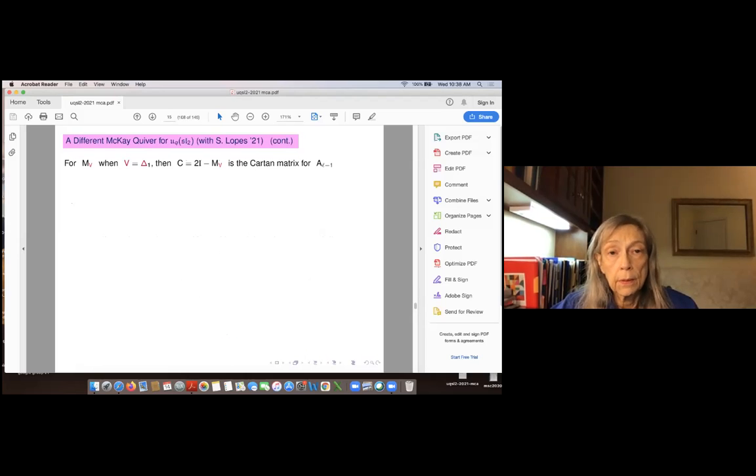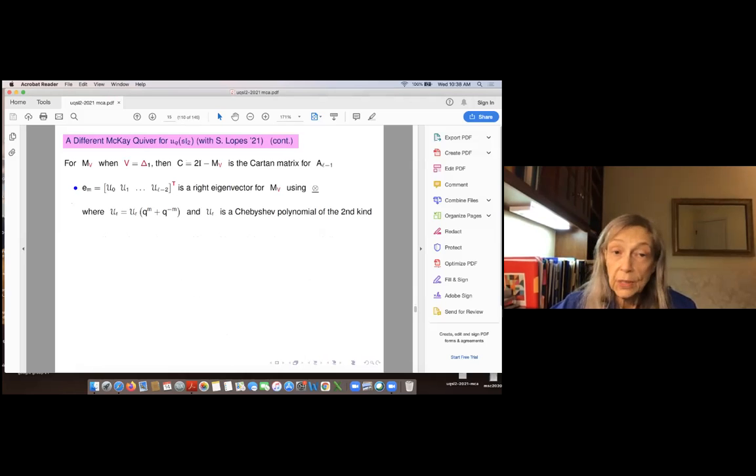When you look at the Cartan matrix and the eigenvectors of M, the McKay matrix, you get Chebyshev polynomials of the second kind. These are polynomials that satisfy U0 is 1, U1 is T, and then this recursion.